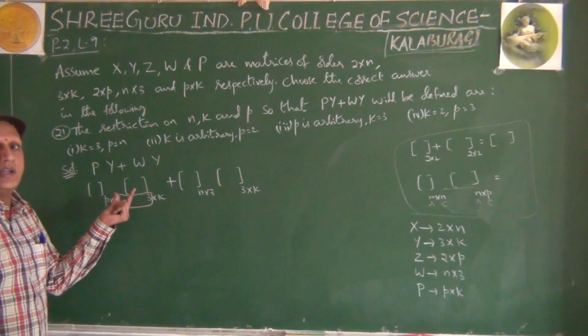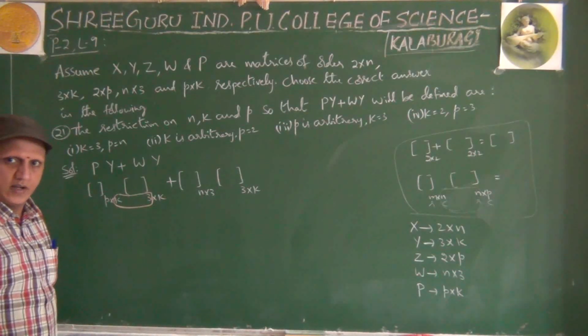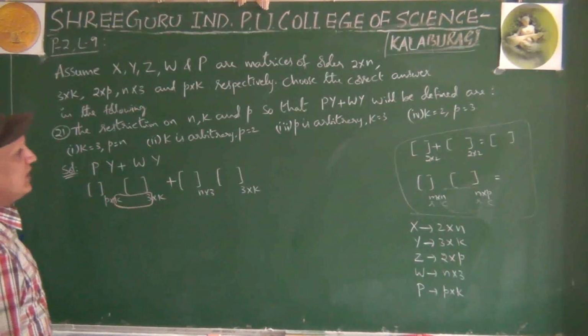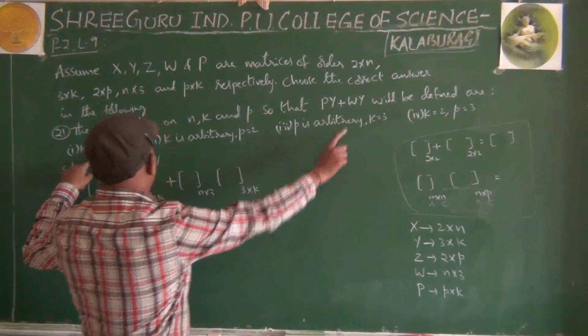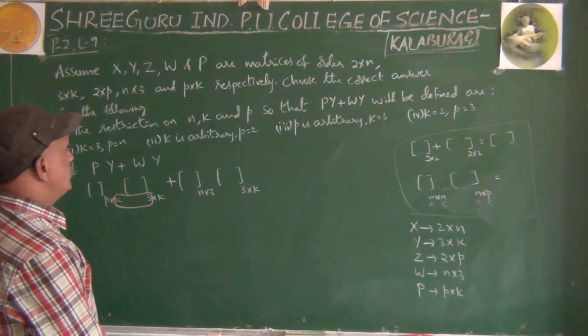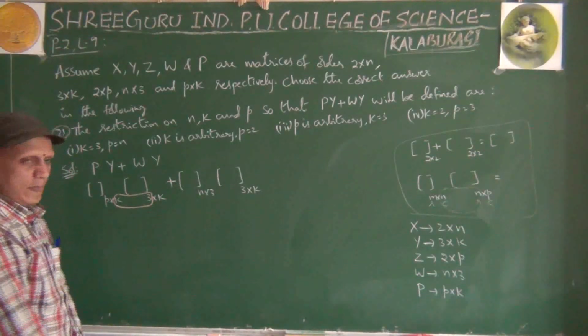Those two should be equal. Both are correct means K value is 3. Right? K equal to 3, where we have here and here. So the second option and the fourth option are both wrong.